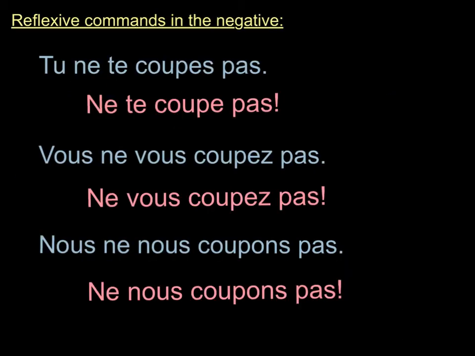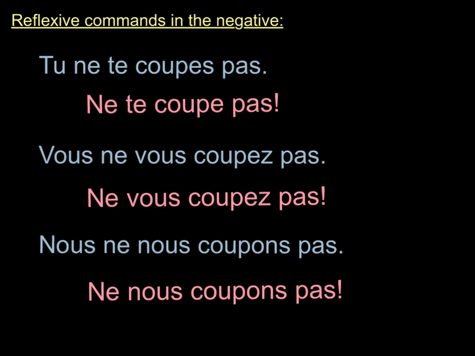And it looks a little bit different if you're going to give a command in the negative with reflexive verbs, because it doesn't change a whole lot, okay? So it's actually pretty straightforward from a negative sentence, like what's written in blue, to a negative command written in pink. So let's take a look.